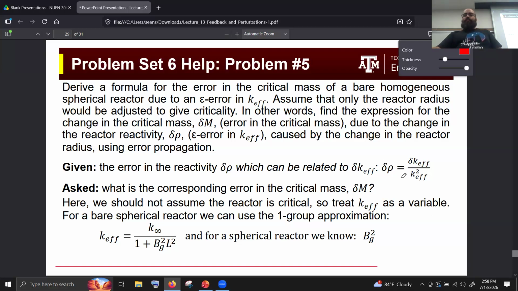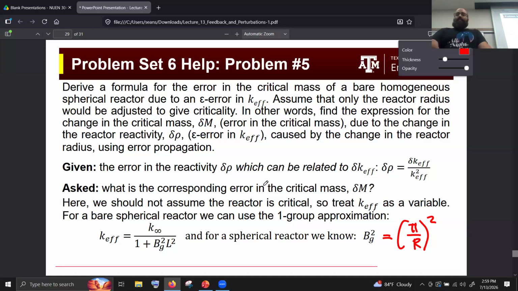We know that the error in my reactivity can be written in terms of the error in my k effective. We know what the formula for k effective is, and we know that the buckling Bg squared for a sphere is pi over big R squared.